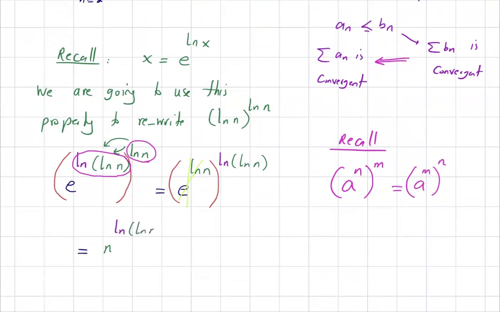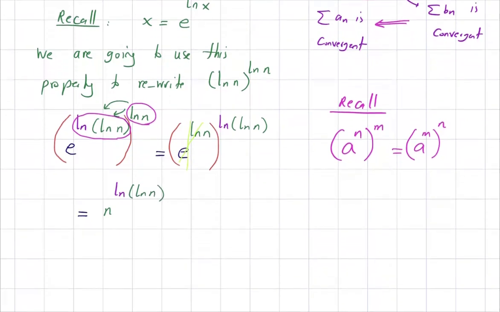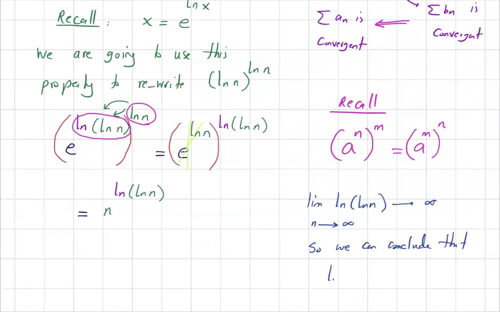So why is it helpful here? What's the reason? Note that the limit of ln of n as n goes to infinity is infinity. It's a large number. So we can conclude that ln of n is more than 2.